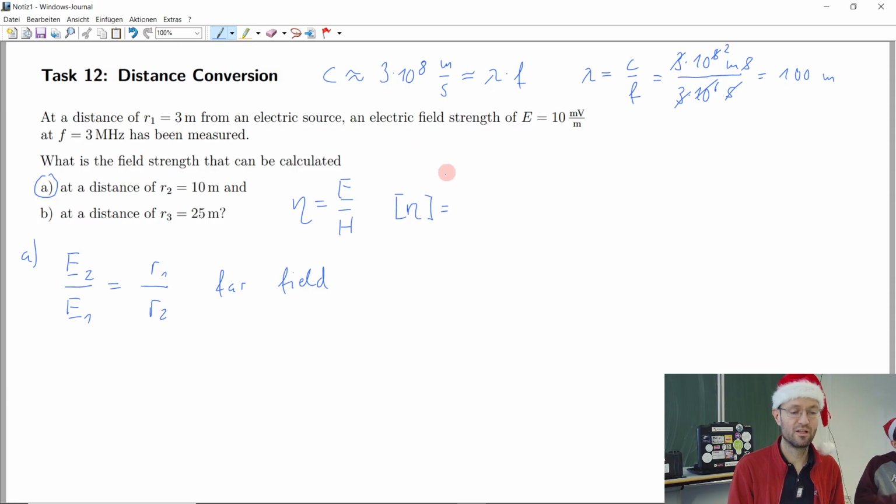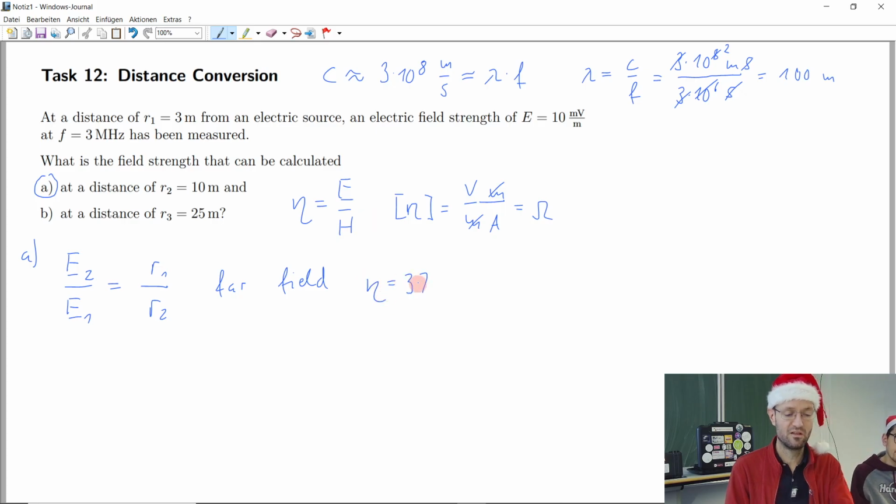What is the unit of the electric field strength? Volts per meter. What is the unit of the magnetic field strength? Ampere per meter. And so the meters will cancel each other. We will get volt per ampere, and this is ohm, right? And so that's why we call this ratio wave impedance, intrinsic wave impedance, free space wave impedance, and for a far field, it's 377 ohm. So here this eta is approximately, not exactly, approximately 377 ohm.